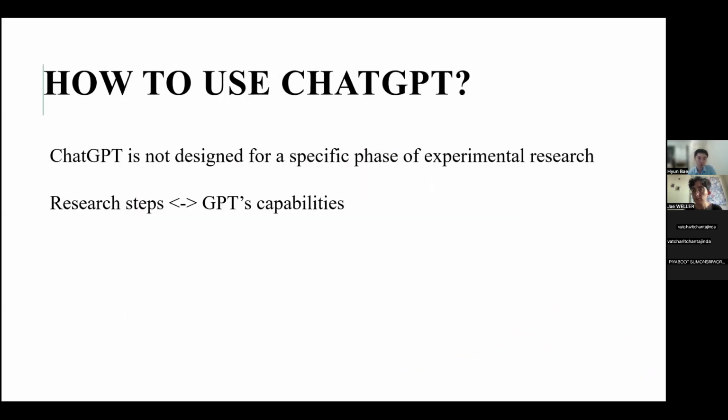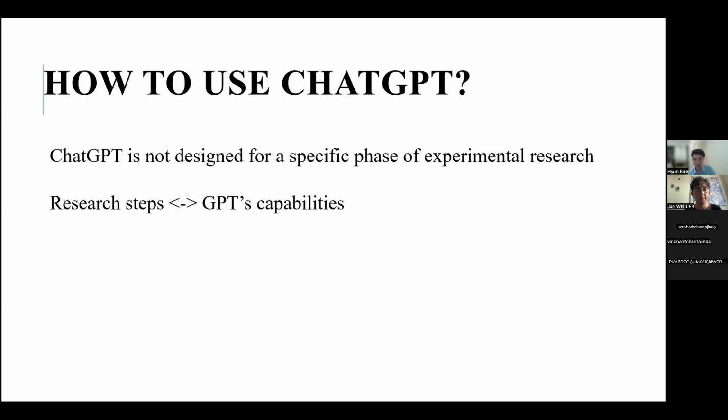And how to use ChatGPT. ChatGPT is not designed for a specific phase of experimental research like E-Prime or R, so it's necessary to understand what steps in experimental linguistic research can be facilitated by ChatGPT. For that, we need to understand steps involved in experimental linguistics research. Although each study has its unique design elements, there are certain fundamental steps integral to most linguistic experiments.